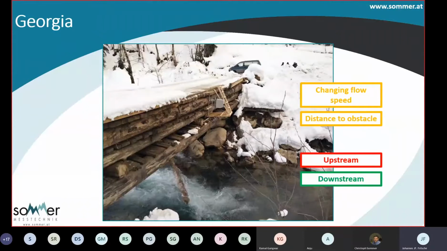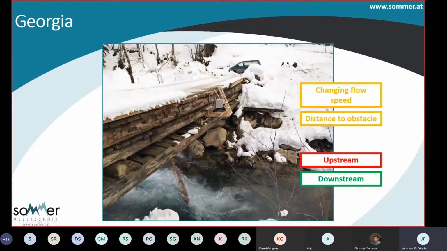Here an example from Georgia, another mountain river with the RQ instrument installed on a wooden bridge. The problem here is the changing flow speed. You have a rock or tree here and rocks upstream that change your flow velocity, and the distance to these obstacles here is probably not big enough.